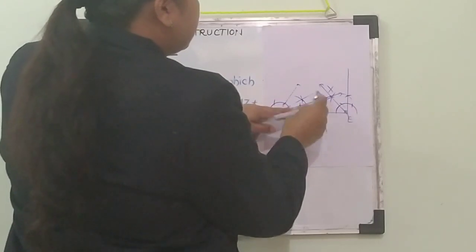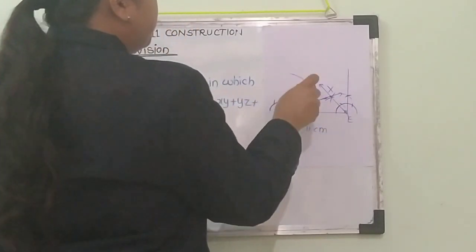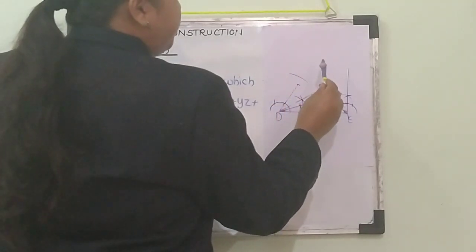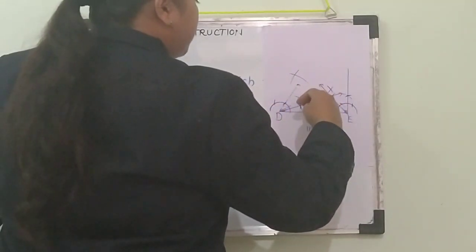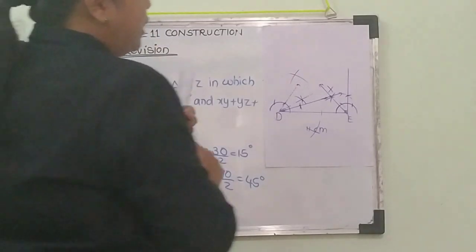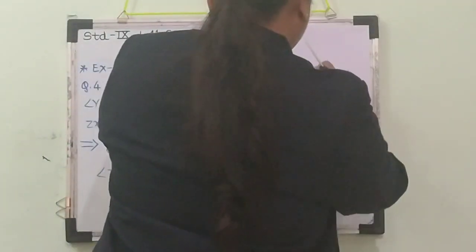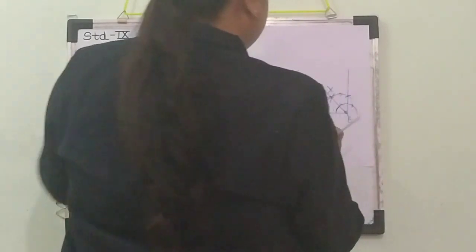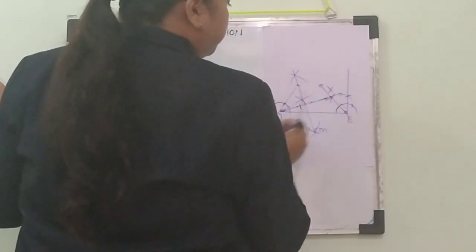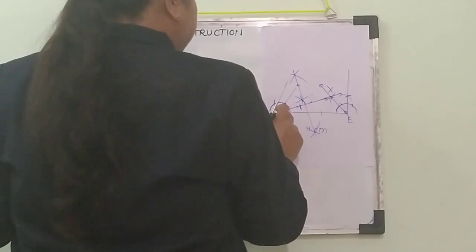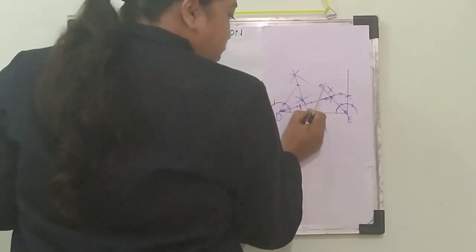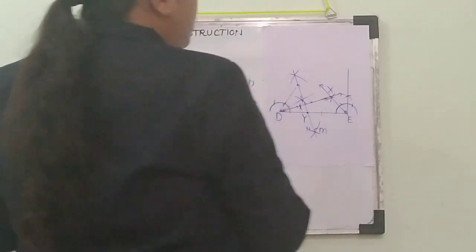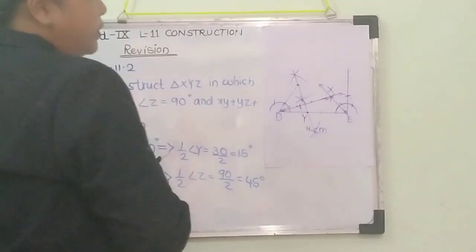For DX I will take more than half, and draw the perpendicular line passing through this arc. So on the DE we get the Y vertex of the triangle.